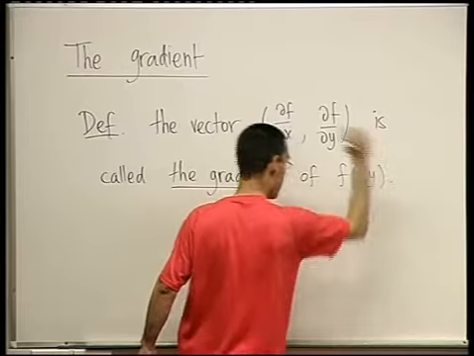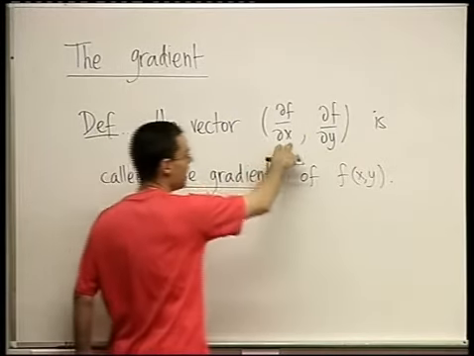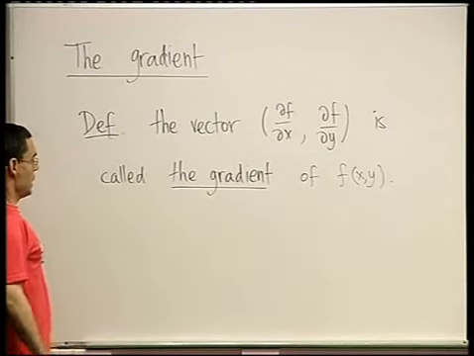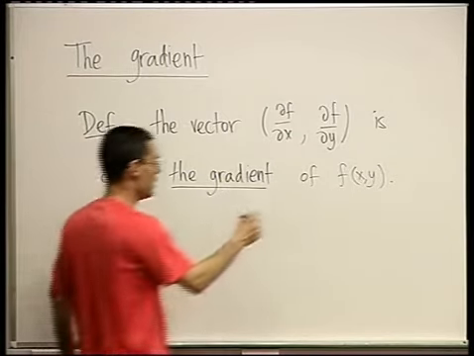So this is for a scalar function of two variables. If it's three variables, it's going to be df to dx, df to dy, df to dz. Okay? So we have a lot of things to say about it.